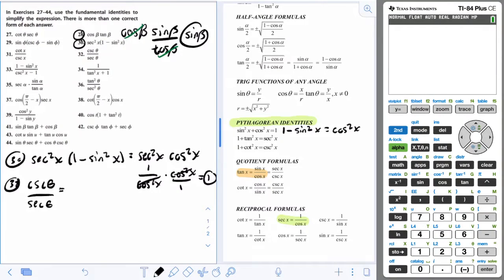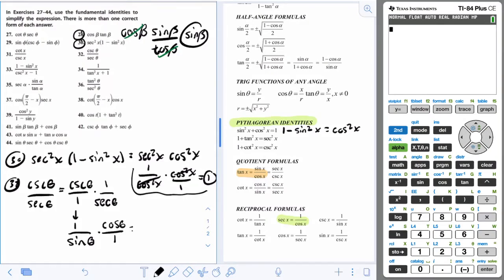This expression is the same thing as cosecant theta over 1 times 1 over secant theta, right? When you have something in the denominator, you can really just consider it as you're multiplying by 1 over that number. So once it's broken up like this, you might find it a little bit easier to take cosecant, do my reciprocal, and have that be 1 over sine theta, and then secant is cosine of theta over 1.